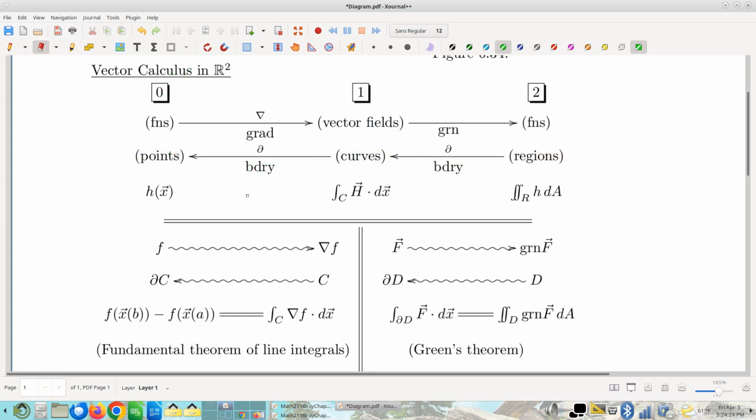Now, what kinds of calculations have we done on two-dimensional regions? Well, we've done double integrals. What kinds of calculations have we done on curves? Well, we've done line integrals. And again, I'm going to restrict our attention to vector line integrals. And why is that?